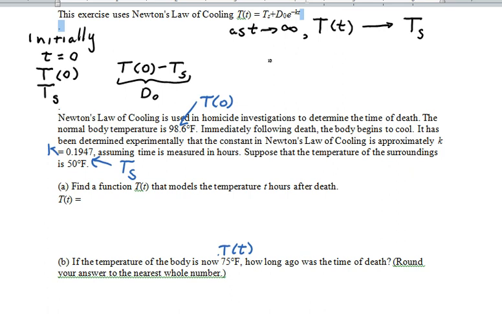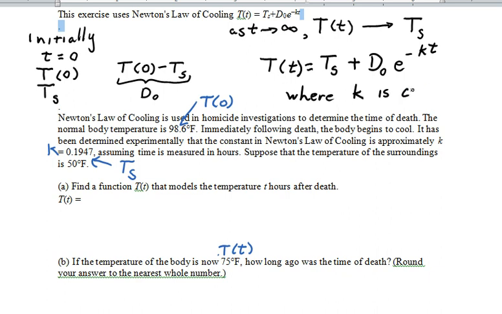The formula that provides this is capital T of t equals T sub S plus D sub 0 e to the minus kt, where k is a constant. And that constant k depends on the makeup of the object.